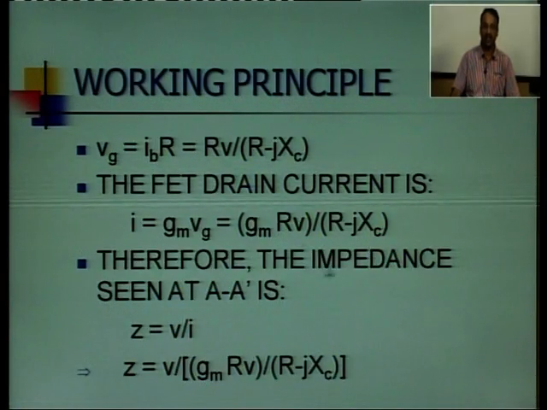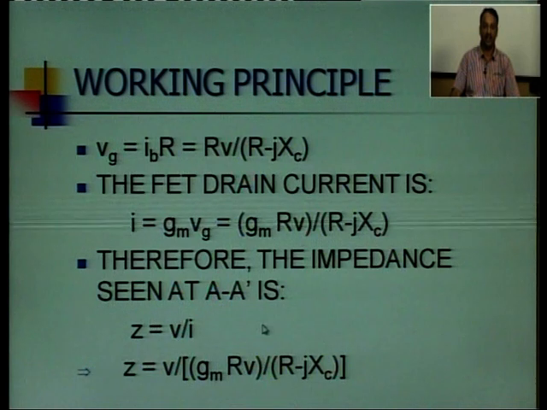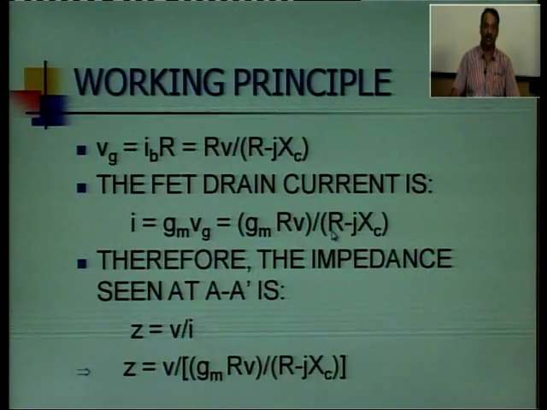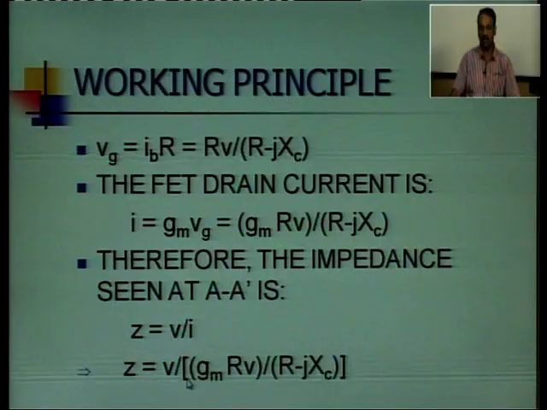Therefore, the resulting impedance at A and A dash is Z, and Z is equal to V upon I. So the I value is Gm into RV divided by R minus J XC. So V divided by Gm into RV divided by R minus J XC.